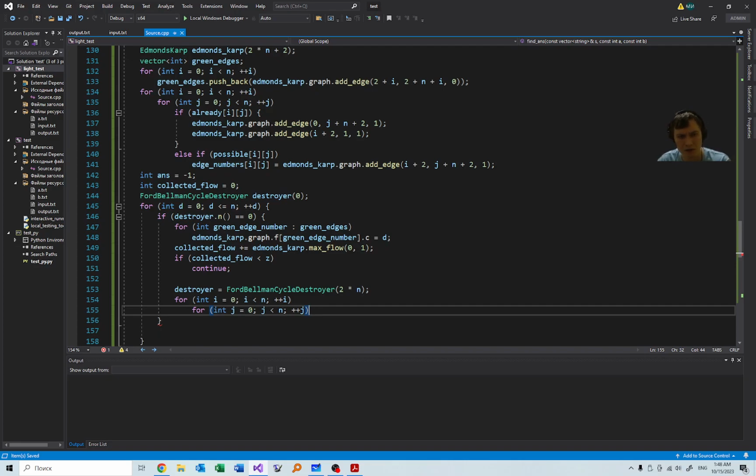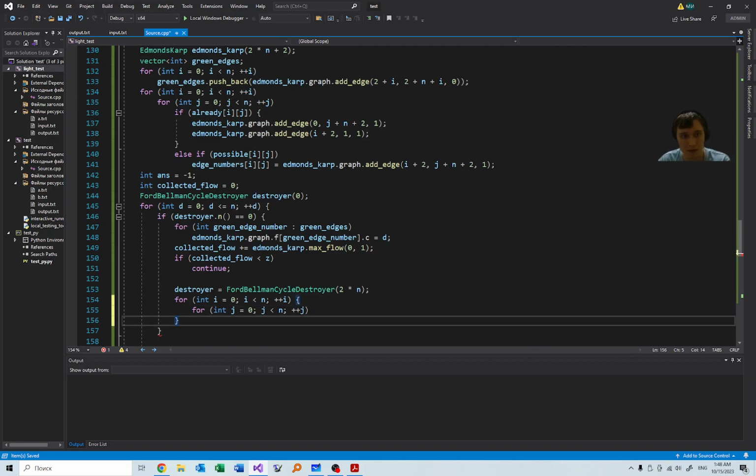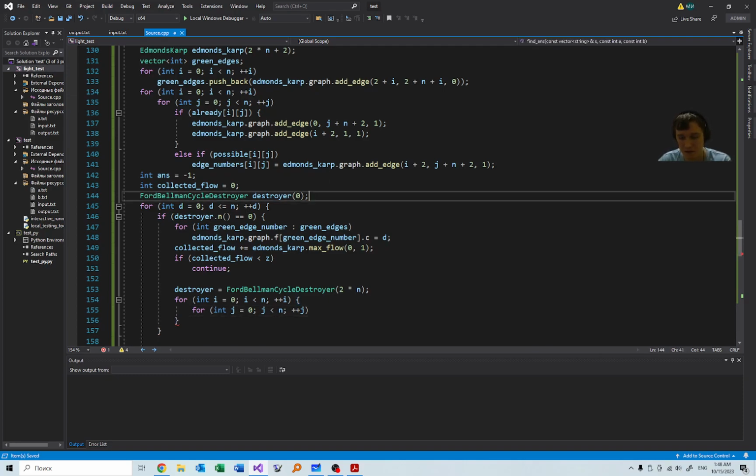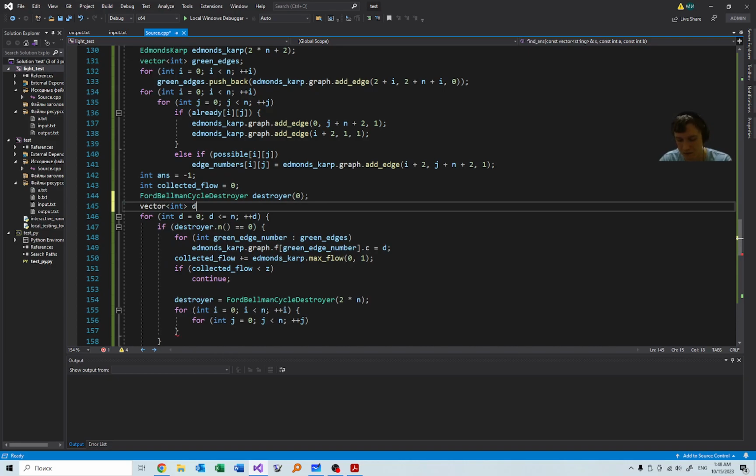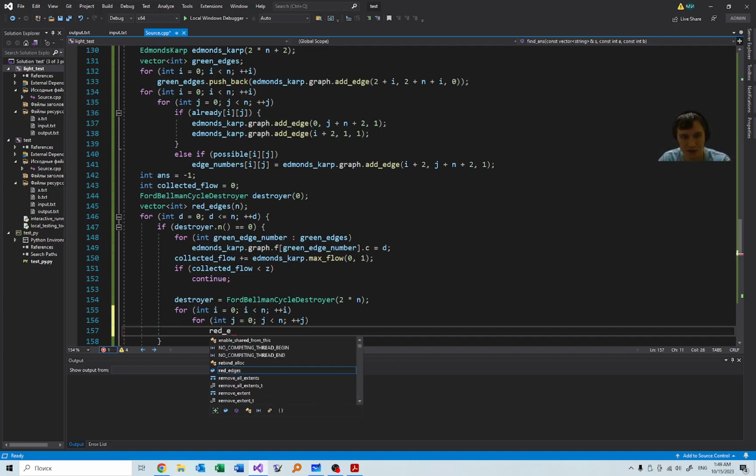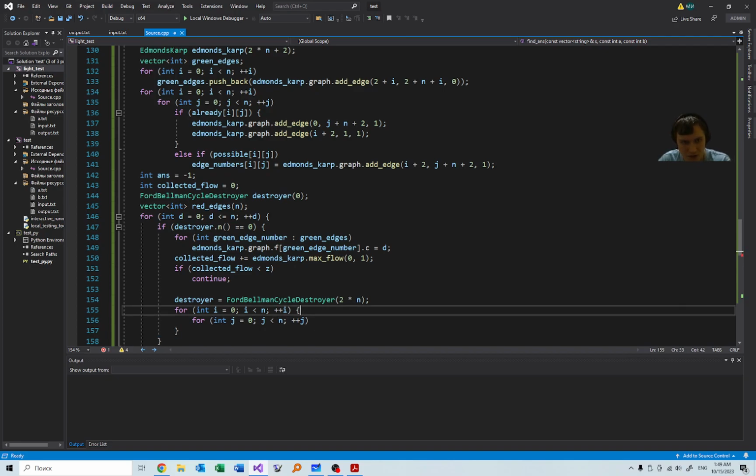So first of all, we put the green edges, I guess. Let's call it red edges. So red edges are green edges of the destroyer. So we say here that red edges I, sorry, no, incorrect.